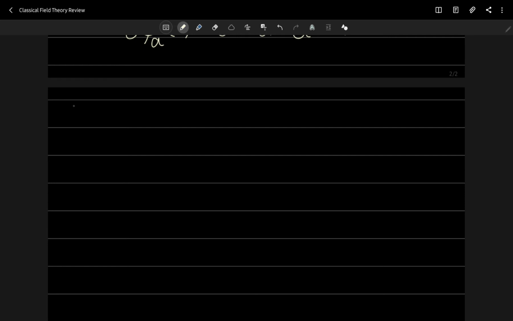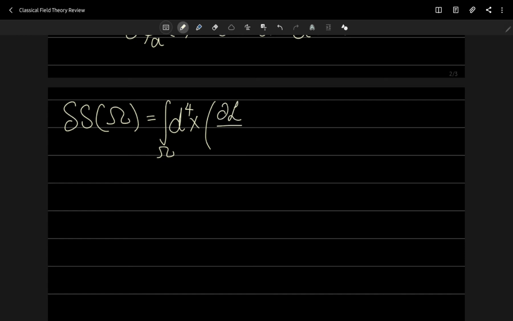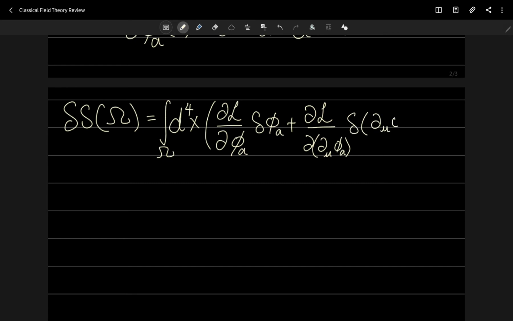And so we are going to start with delta S of omega is equal to the integral carried out over omega d4x of partial L, where L is the Lagrangian density, over partial phi a times delta phi a, plus partial L over partial (partial mu phi a) times delta partial mu phi a.